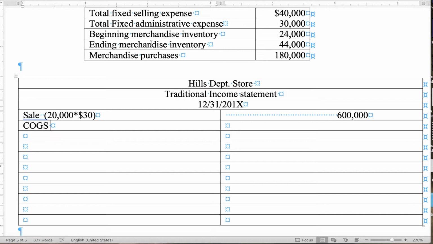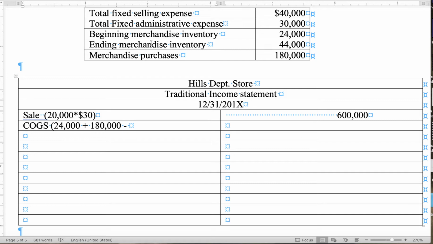we used. We can figure out cost of goods sold by simply taking our beginning balance of 24,000 plus what was added. Well, merchandise purchases for the year were $180,000. Then I subtract the ending balance.